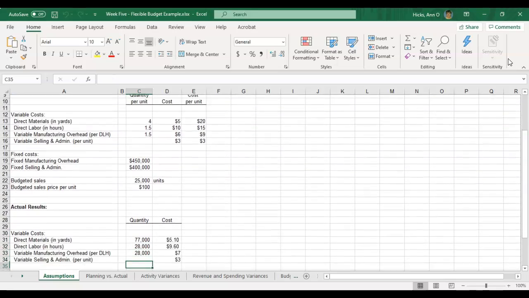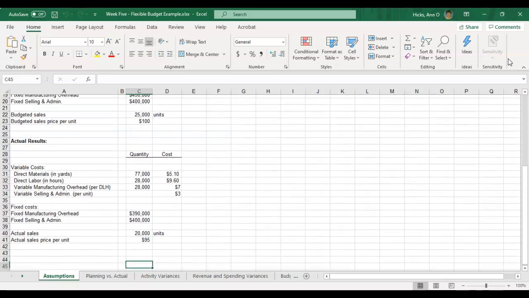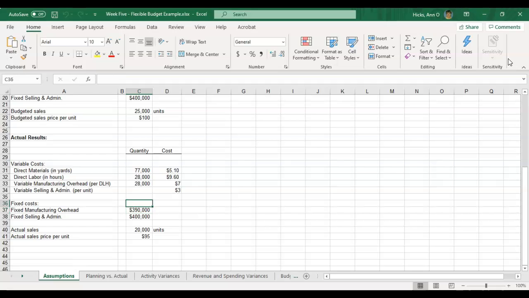Now, what actually happened? Well, variable costs. Direct materials, we used, I apologize, 77,000 yards of material, and we paid $5.10 per yard. Direct labor, we actually used 28,000 hours at an hourly rate of $9.60.